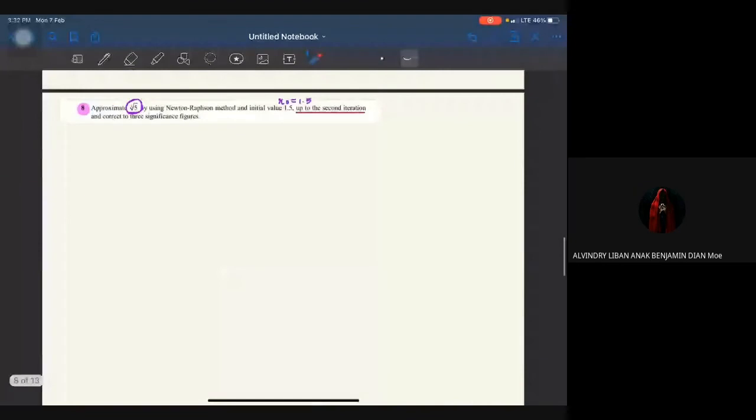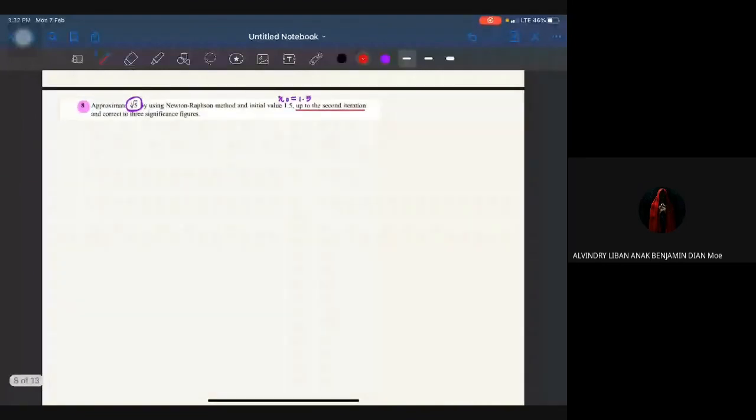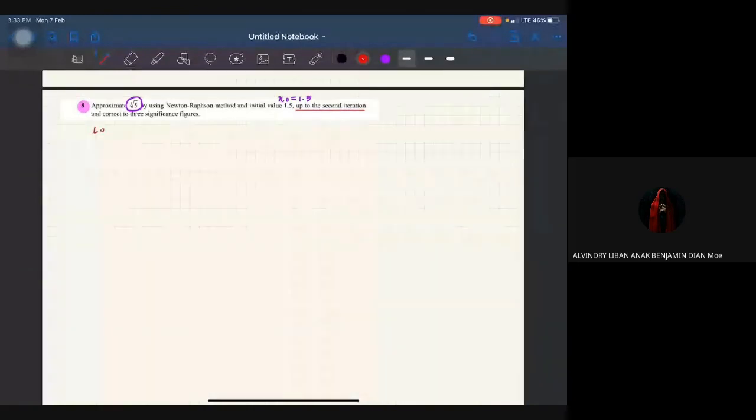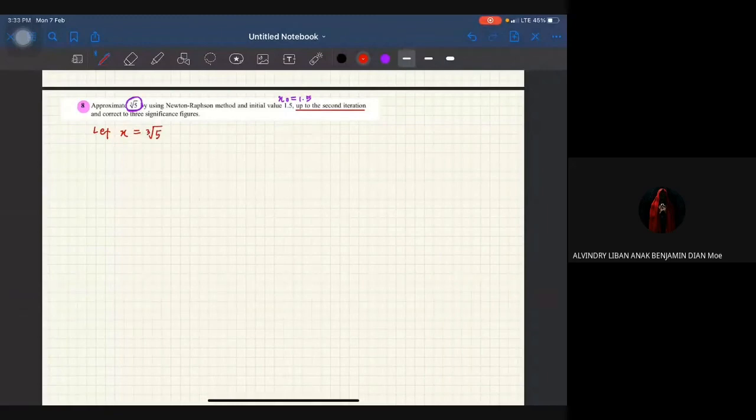Okay, jom kita tengok this one. First step kita, mesti ada fx dengan f prime of x. Tapi dekat sini kita tak ada pun fx, tak ada pun f prime of x. So kita boleh let x equal to cube root 5.